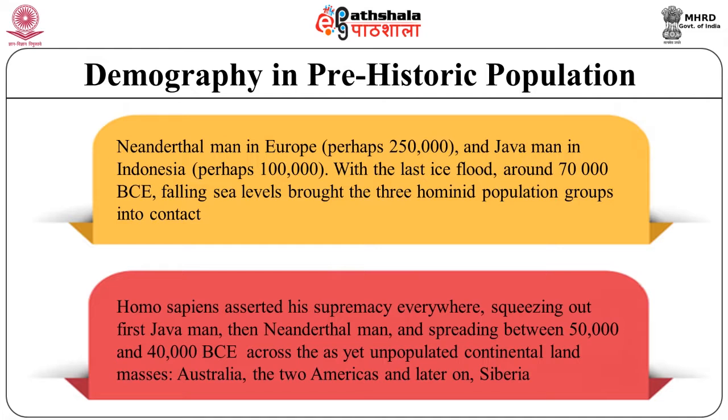Homo sapiens asserted his supremacy everywhere, squeezing out first Java man, then Neanderthal man, and spreading between 50,000 and 40,000 BCE across the as yet unpopulated continental land masses: Australia, the two Americas, and later on Siberia.